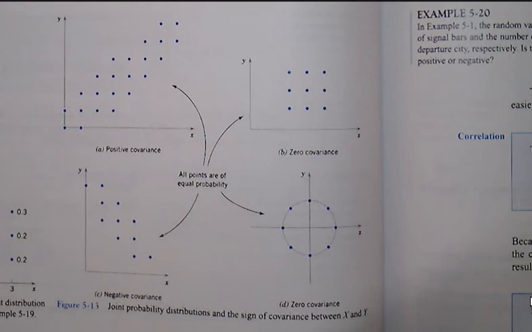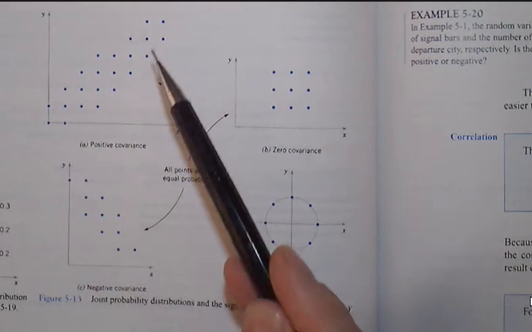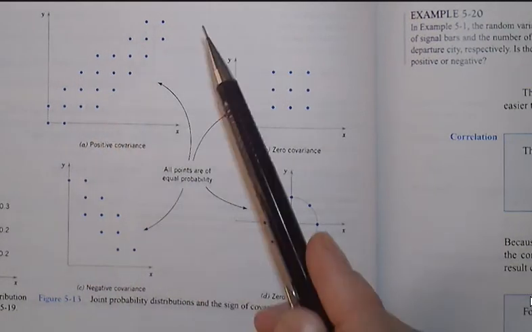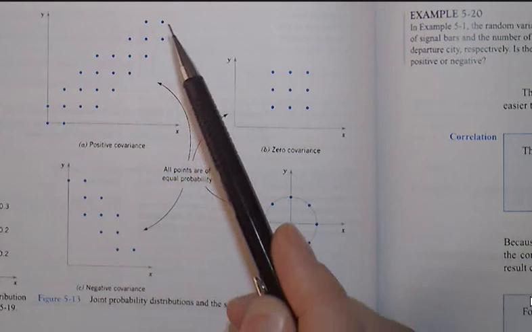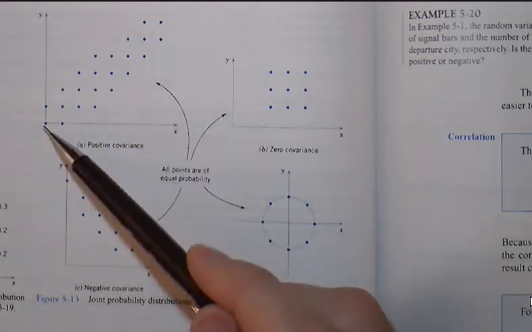If you turn the page over to page 172 in your text, note that in figure 5-13 we've got 4 different scenarios. In this first one, notice that this pairing of the x and y data is such that the general cloud creates a relatively linear trend from lower left to upper right.